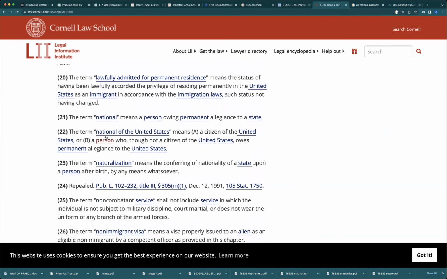It says the term national of the United States means a citizen of the United States. Do you see that? A national of the United States means a citizen of the United States. They're one and the same.